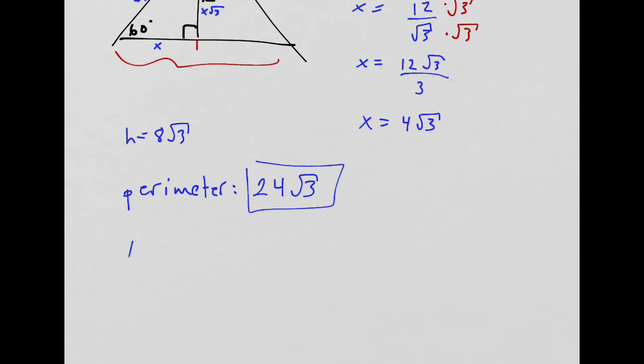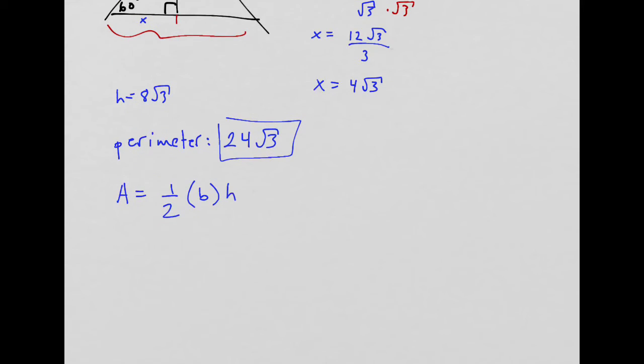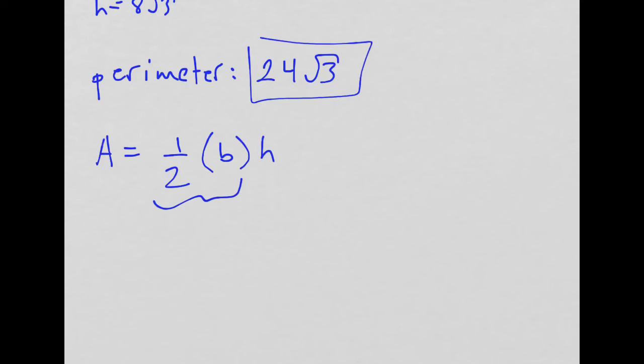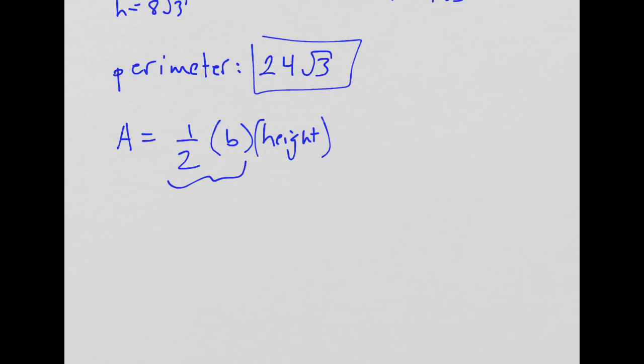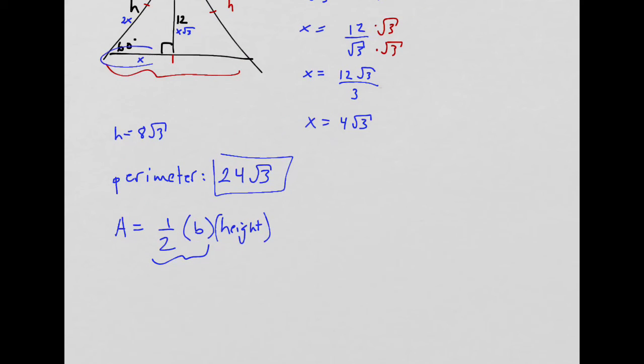And then the area would be 1/2 times the base. In this case, this whole thing is the base, which was 8 square root of 3, but half of it is x. So 1/2 times the base is going to be 4 square root of 3, because this is 1/2 of that.